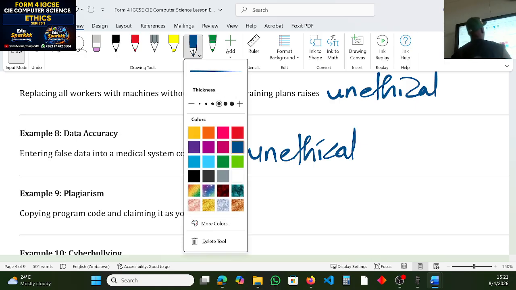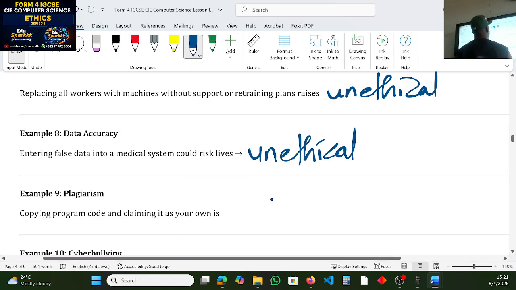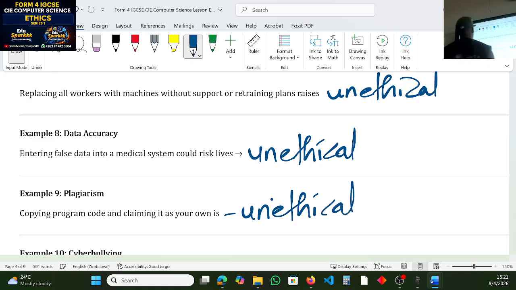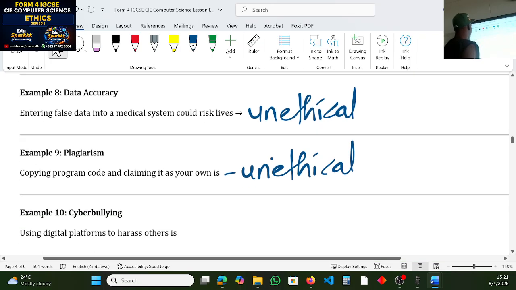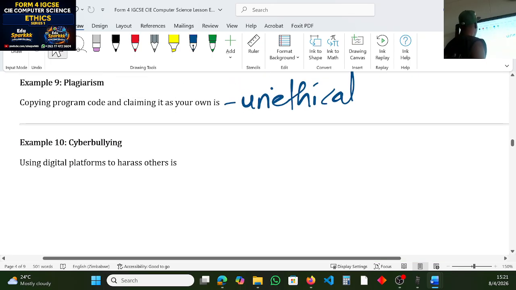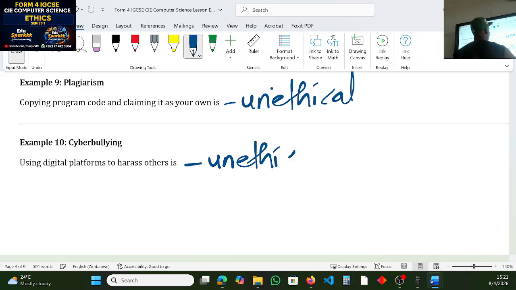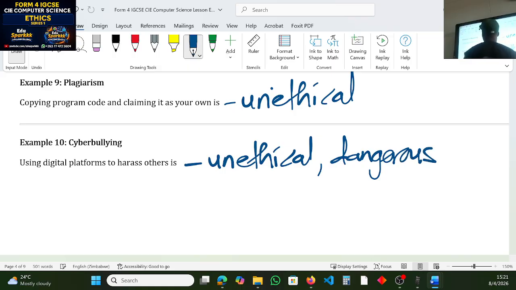I mean, this is also unethical behavior, because if the code is not yours, then you need to specify or acknowledge the creator or the owner of the original work. Cyberbullying, using digital platforms to harass others, this is also unethical and actually dangerous, because you could harm other people psychologically or emotionally.